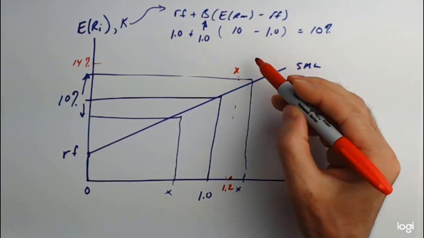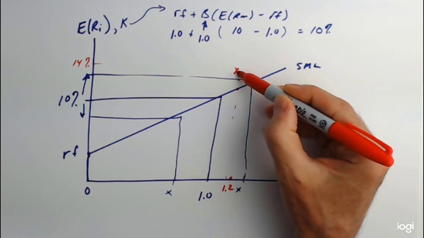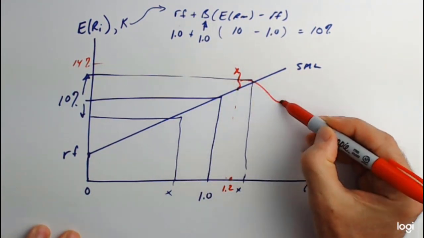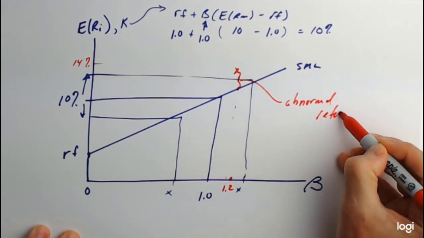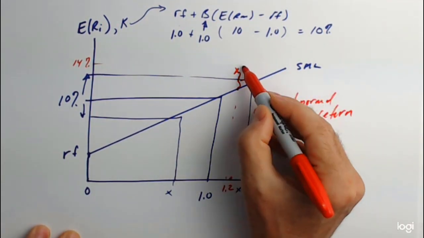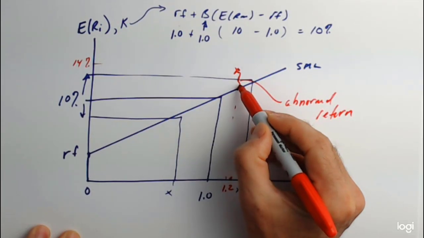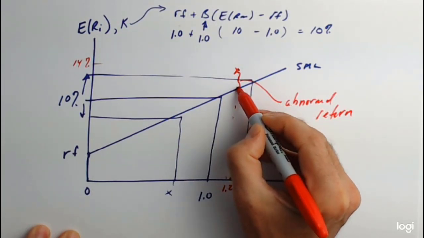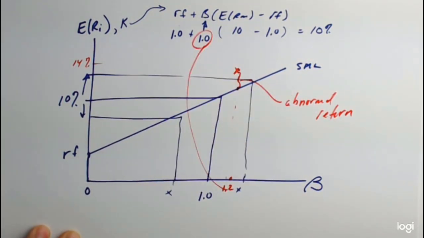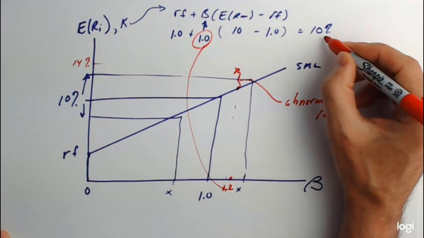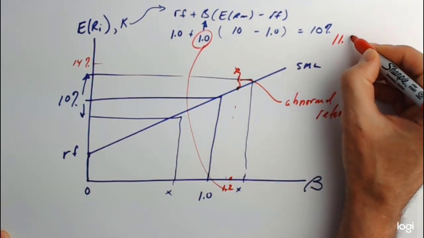What this is saying is, look, this stock has what's called an abnormal return, the difference between 14% and whatever this return should be, given that we plug in a beta of 1.2 here. With a beta of 1.2, we'd get an expected return of 11.8%.